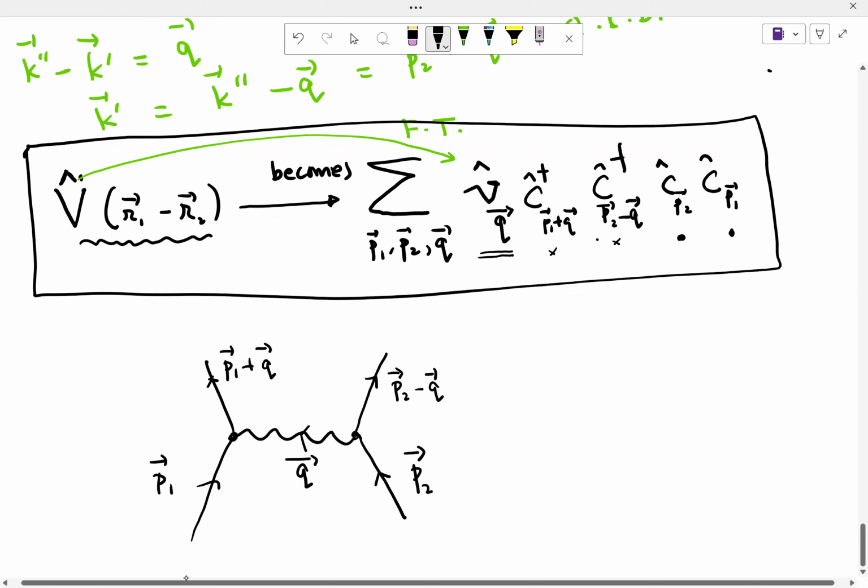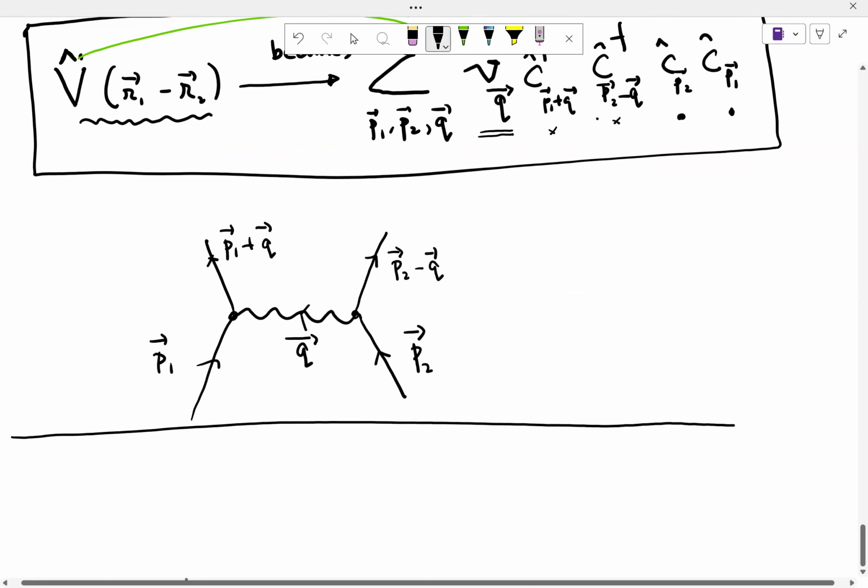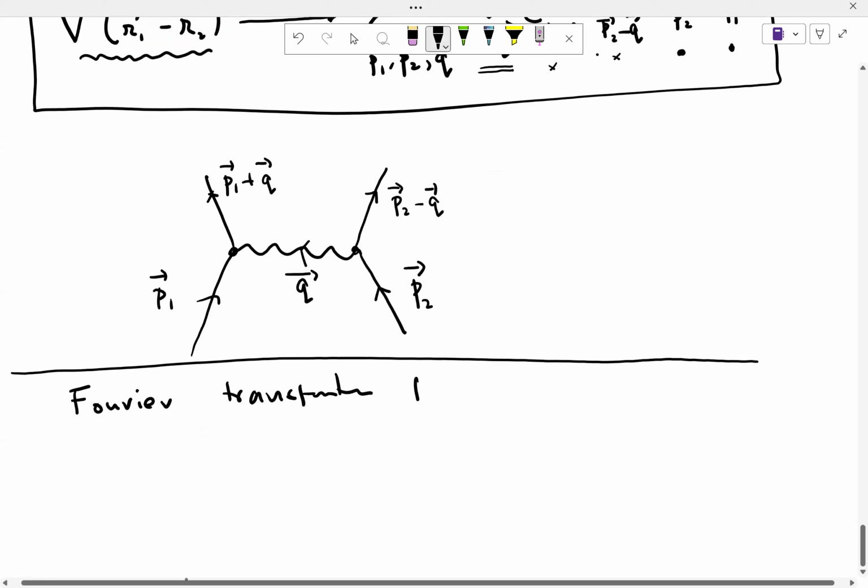All right. So now what we need to do next really is we need to find out the Fourier transform for a Coulombic interaction, for our Coulombic repulsion.